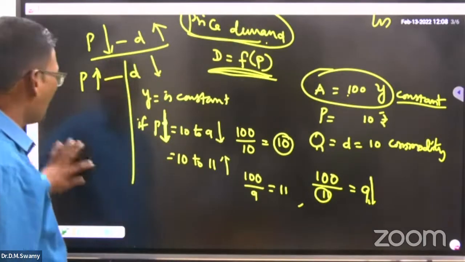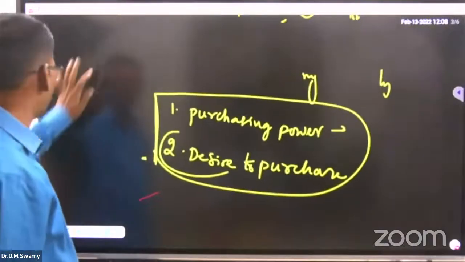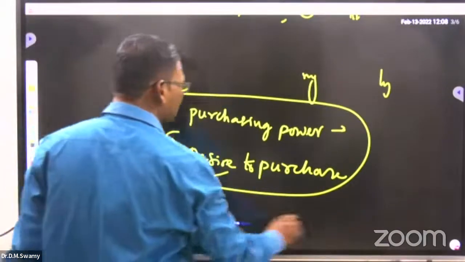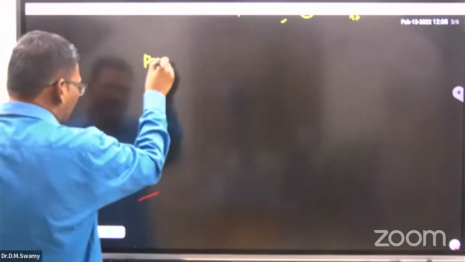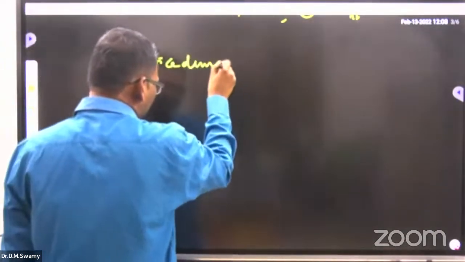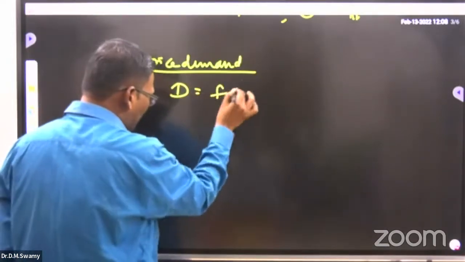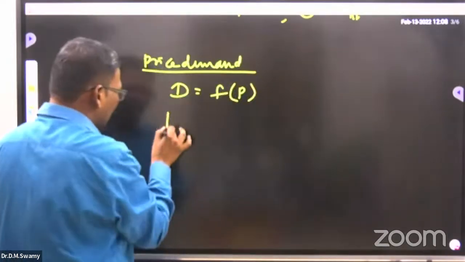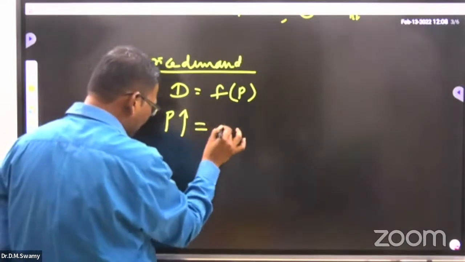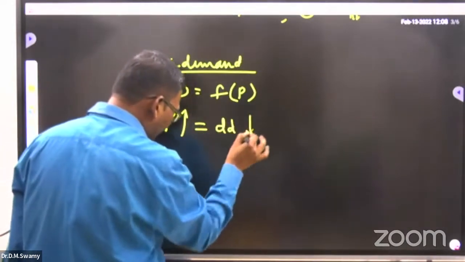This is what we can understand in case of the price demand. Since demand is a function of the price, if the price increases, the demand for the goods is going to decrease.